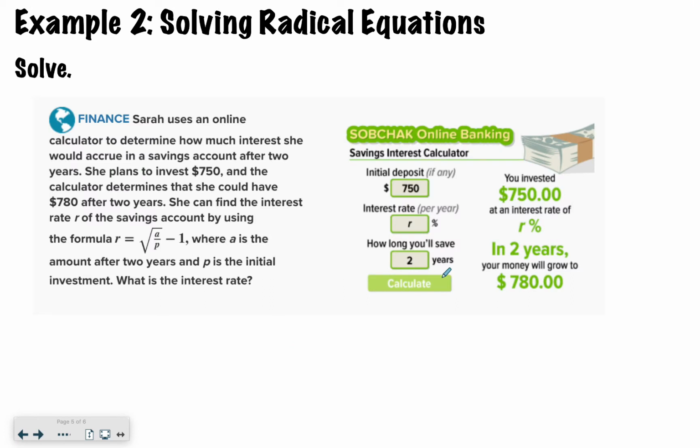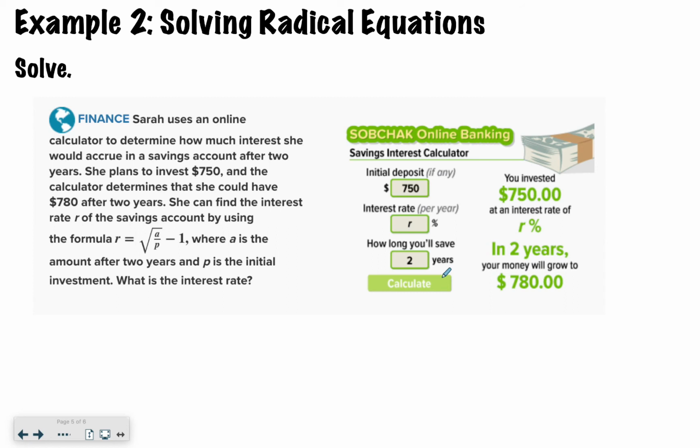Now, let's practice solving radical equations where we are actually going to divide out and get to a decimal. This is going to happen more often with our word problems. So we have a finance situation. Sarah uses an online calculator to determine how much interest she would accrue in a savings account after 2 years.